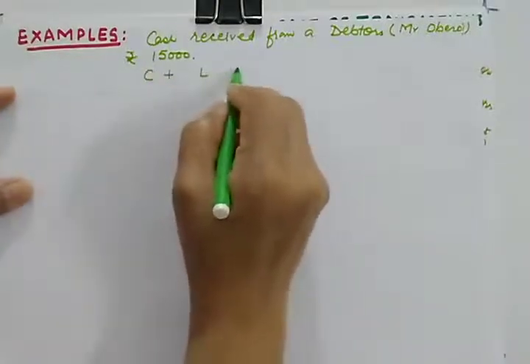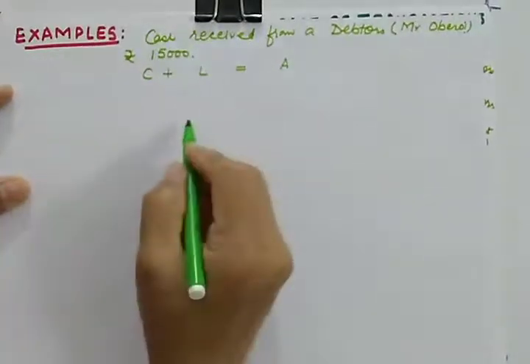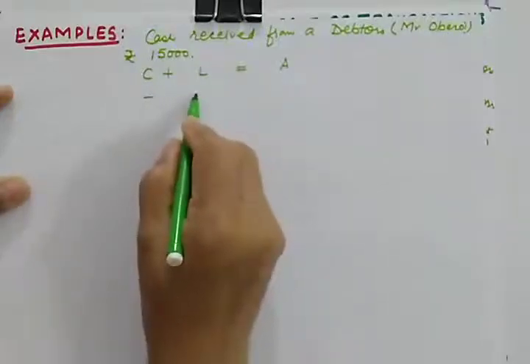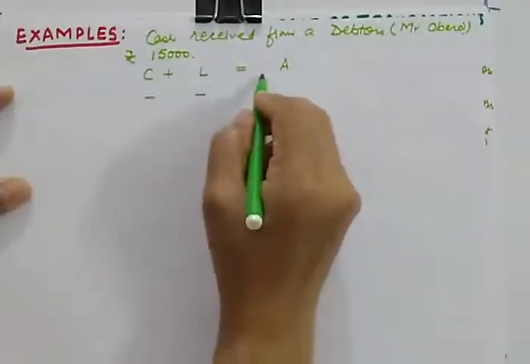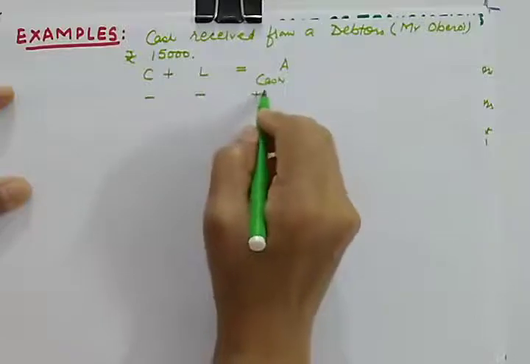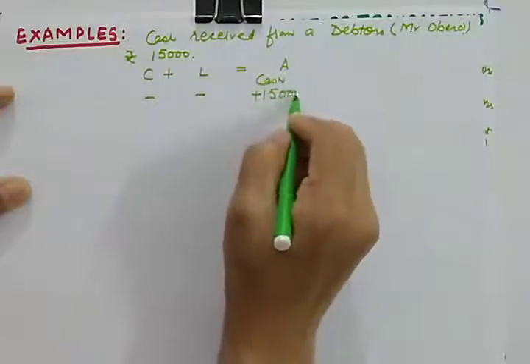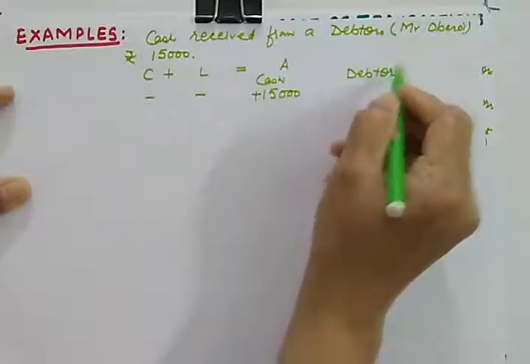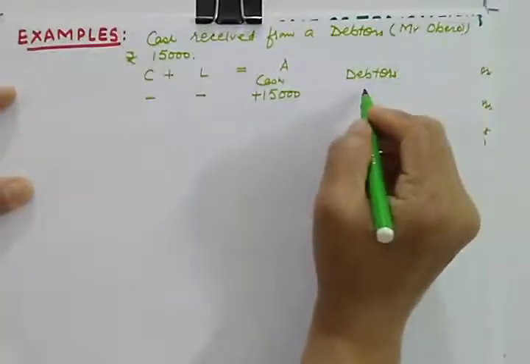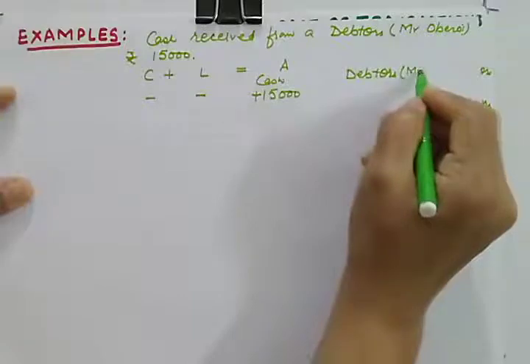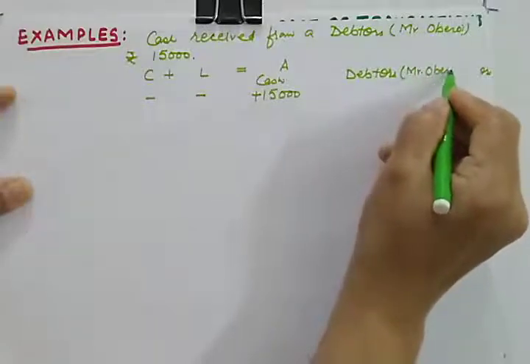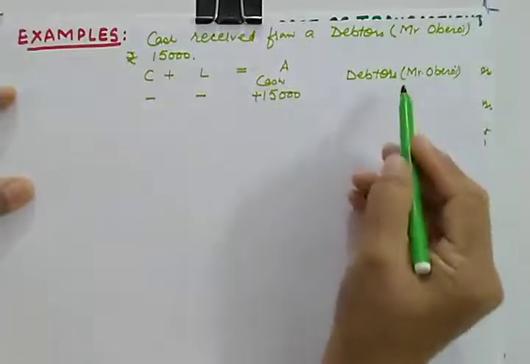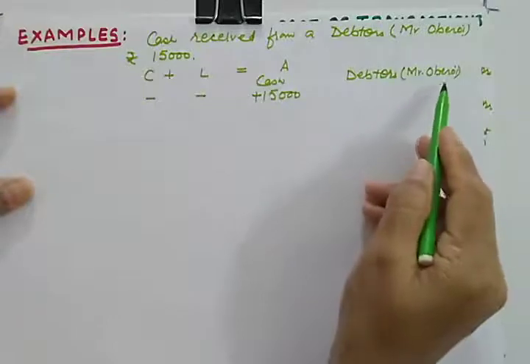So first of all, let us write the accounting equation. No impact on capital, no impact on liability. Your cash will increase by 15,000 and your debtor, what is the name of the debtor? Mr. Oberoi. You can mention the name of the debtor if you are having 2-3 debtors, but in case of a single debtor you can skip the name.